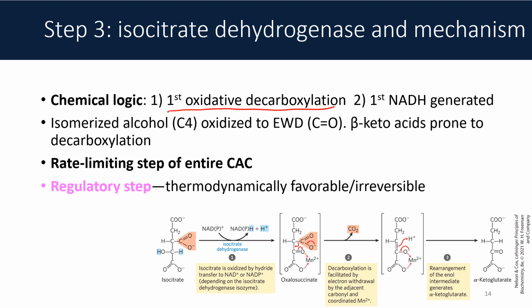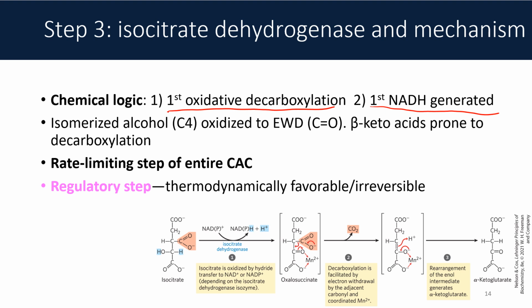This is the first CO2 releasing step within the citric acid cycle proper. And this is also going to generate our first equivalent of NADH. We are oxidizing our substrate. That means we need to be reducing something else. And in this case, it's going to be an NAD plus molecule.